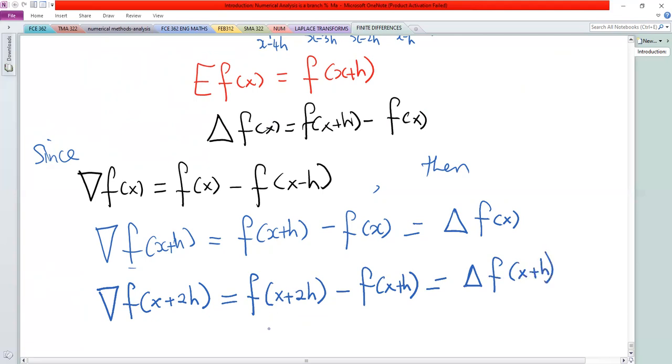Because remember, this part can be written as x plus h. This can be written as f of x plus h plus h, minus f of x plus h. The role of x in this definition is taken by x plus h. So that's why we have this.